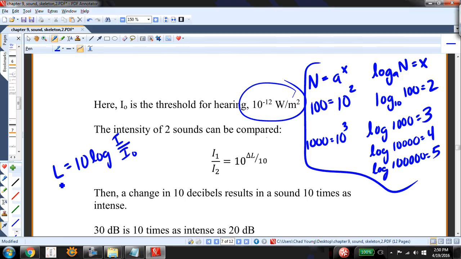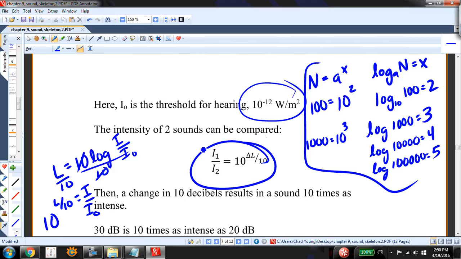If I divide both sides by 10, that gets rid of the 10, and then taking 10 to the L over 10 is going to equal I over I naught. And that's where I get this expression right here.